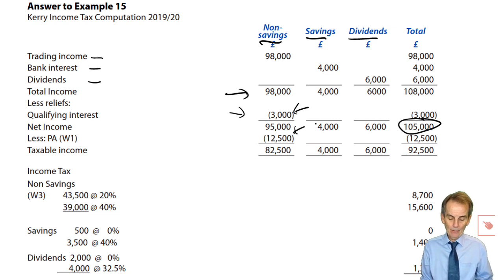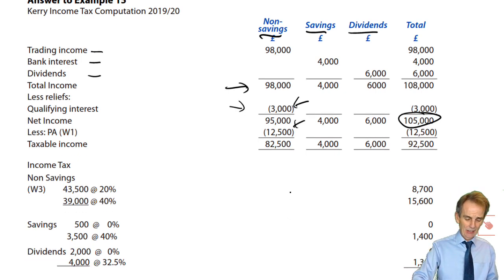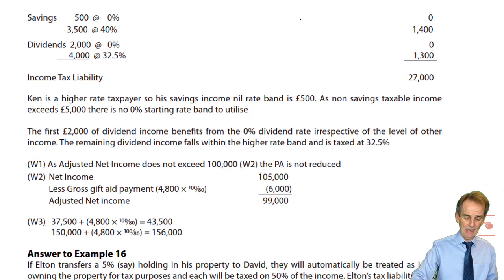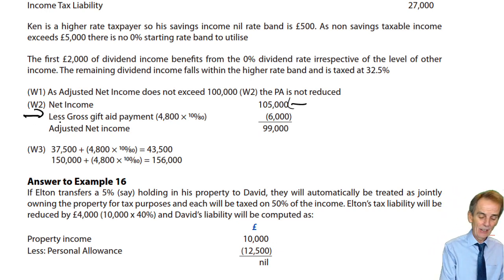But we've got £105,000 of net income. That therefore immediately leaves us with an issue of, does that mean that because that figure exceeds £100,000 that we are therefore going to have to limit the personal allowance? Well, of course, no. What we need to do is to take that net income and compute from that figure the adjusted net income. And as you'll have seen in the working down here, the adjusted net income is the net income figure itself of 105,000, but then less the gross amount.